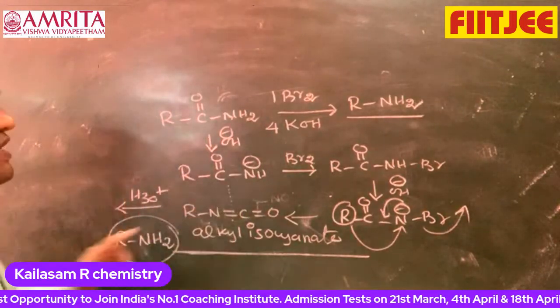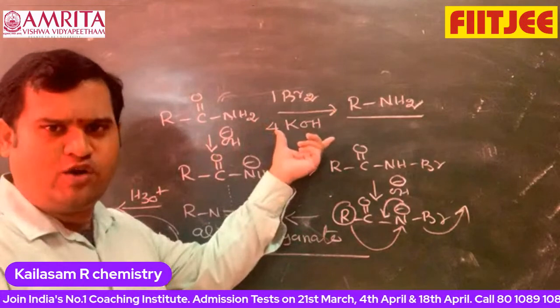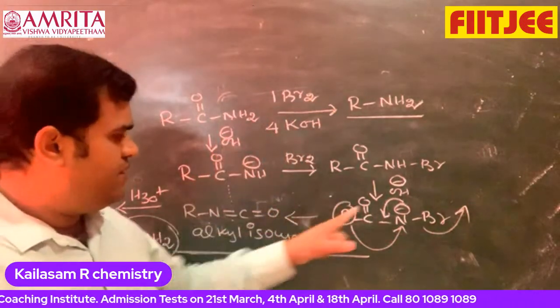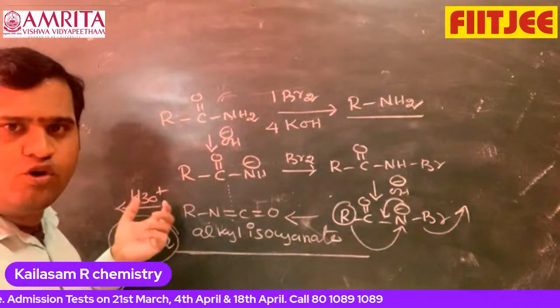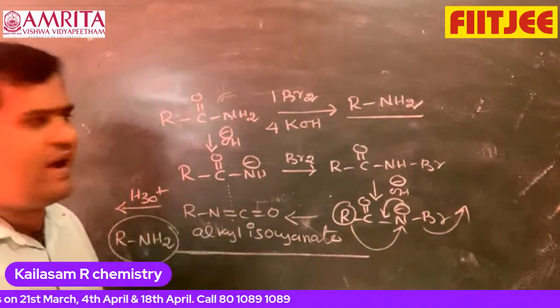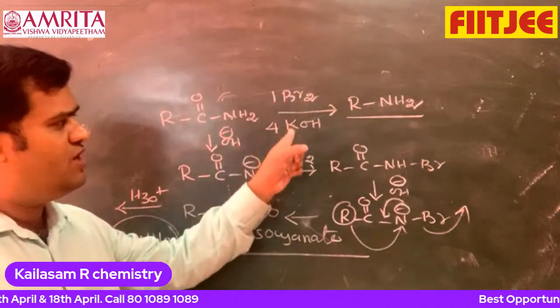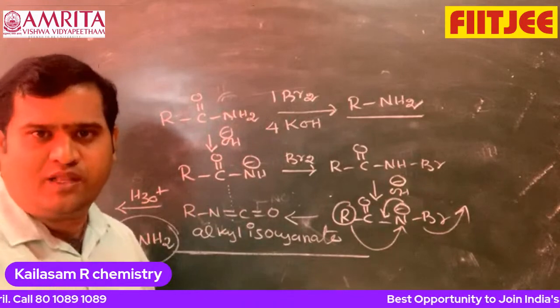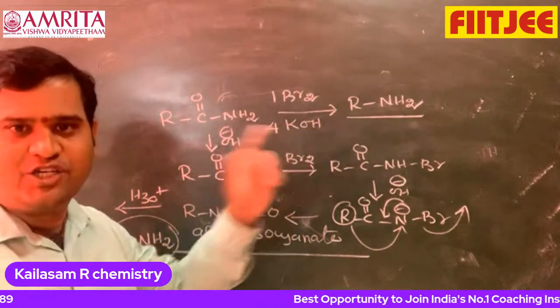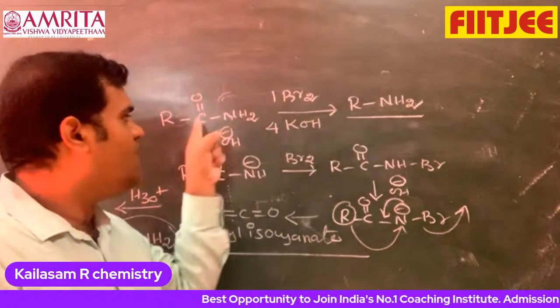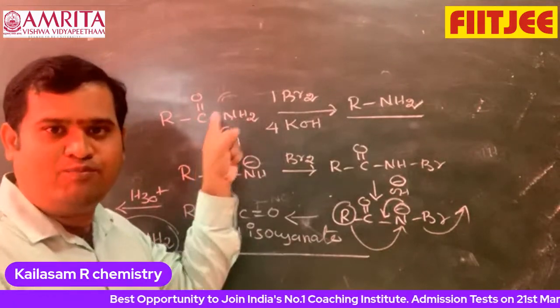In this reaction, 4 moles of potassium hydroxide: here is 1, then 2, and you may get 2 more moles. You will use that, but now just keep it in your mind. So 1 mole of Br2 and 4 moles of base are used for the Hofmann bromamide reaction. Observe that 1 carbon atom is reduced in Hofmann bromamide.